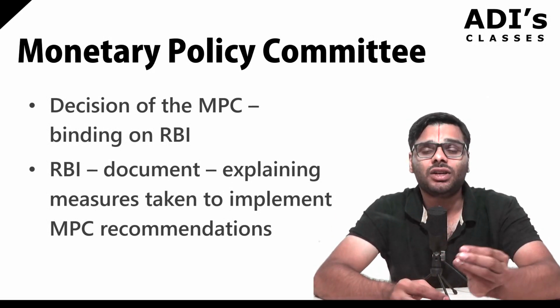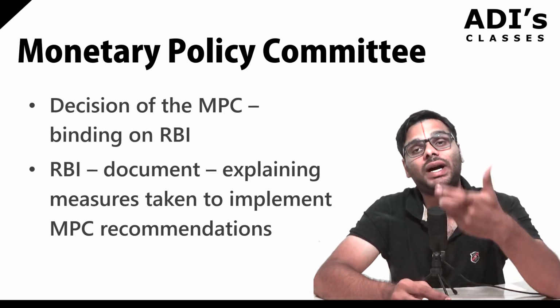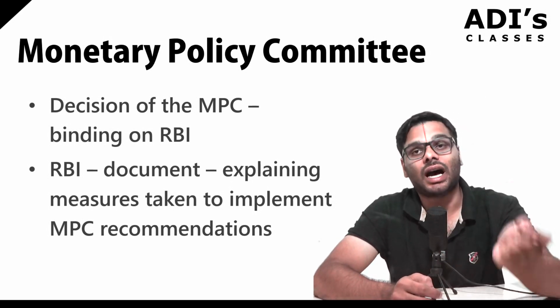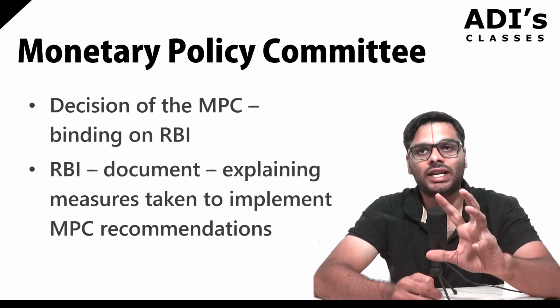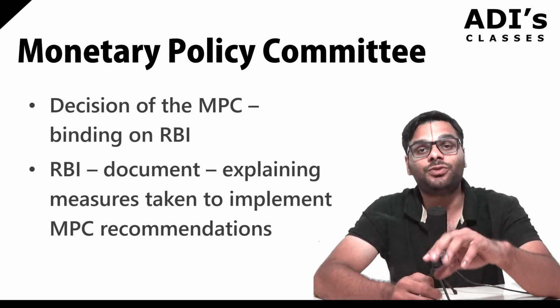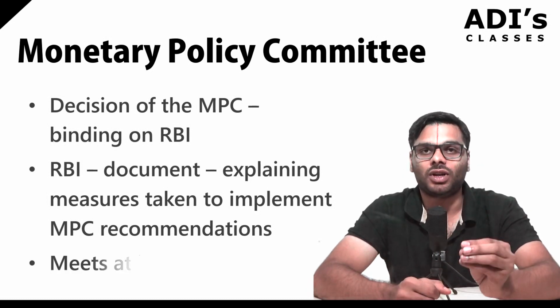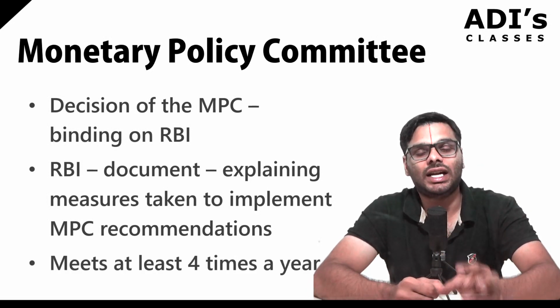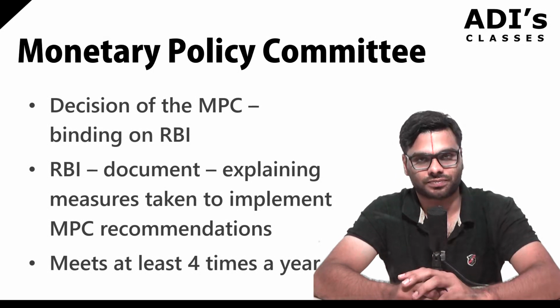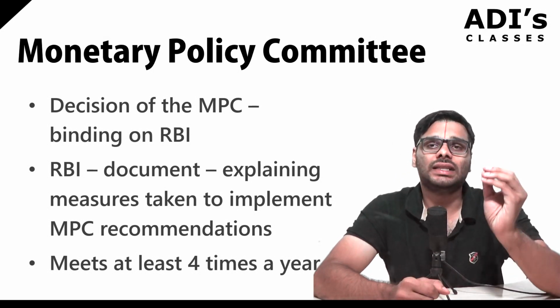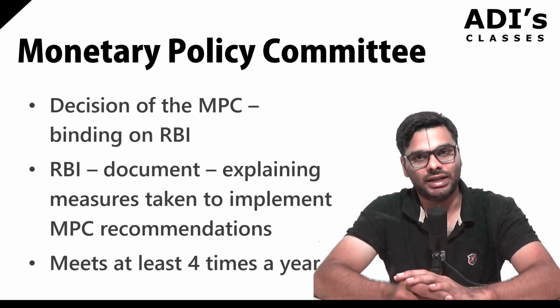The decision of the Monetary Policy Committee is binding on the RBI. Then the RBI has to publish a document explaining what steps it has taken to fulfill the decisions of the Monetary Policy Committee. The Monetary Policy Committee meeting has to be held at least 4 times a year. So this is about the Monetary Policy Committee.